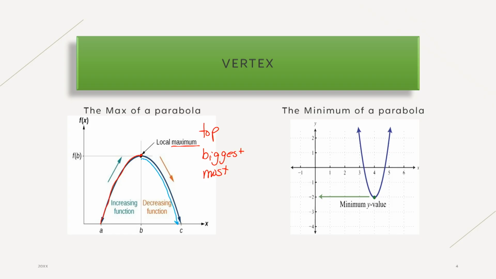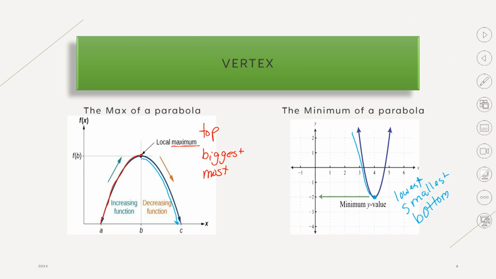So now let's look at the minimum of a parabola. The minimum is usually the lowest, the smallest, or bottom. Okay, so right here would be my minimum. What we're looking at is always read my graph from left to right. I'm decreasing, decreasing, decreasing till I get to my vertex.